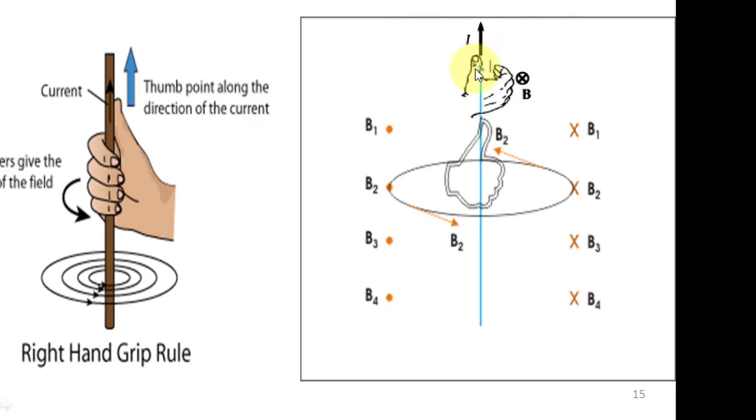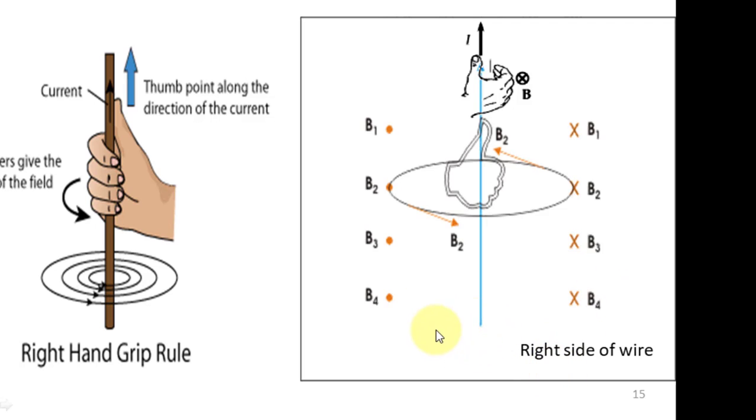This is your thumb to show the current, and the curled fingers show the direction of the magnetic field. From this diagram, you can see that on the right side of the wire, the magnetic field would be into the page, so we denote it as a cross.